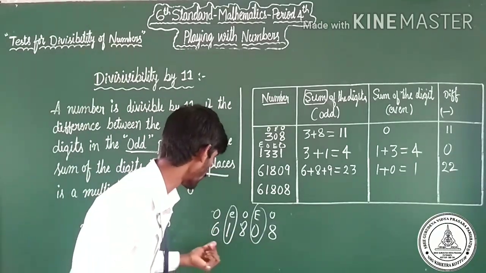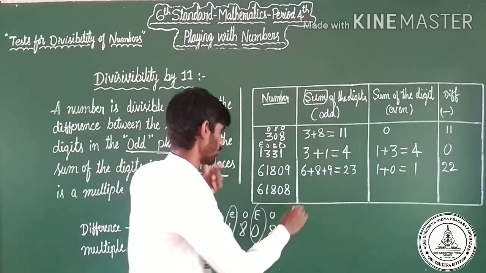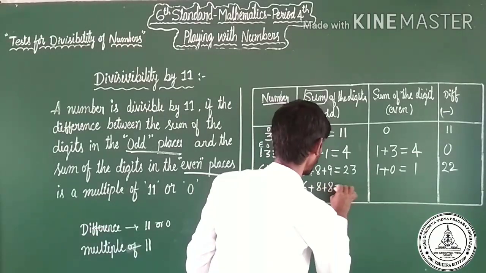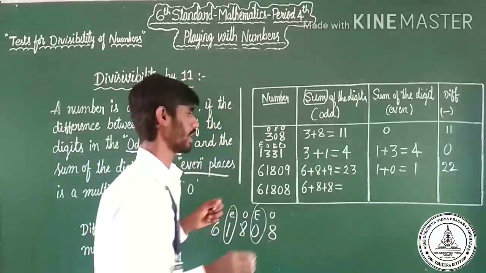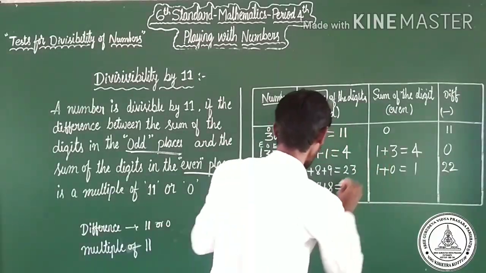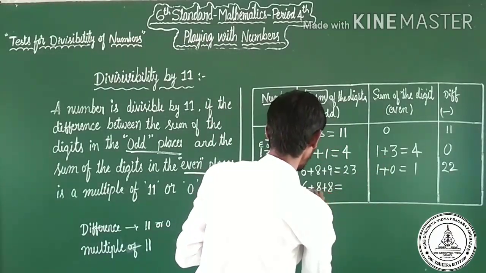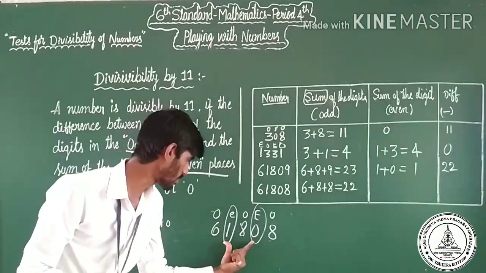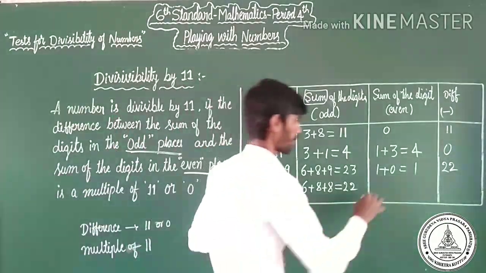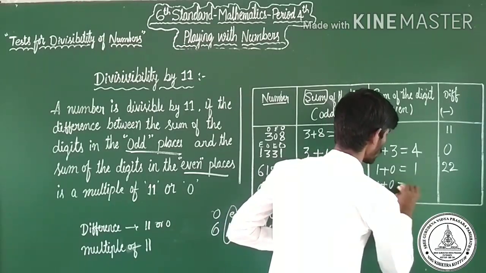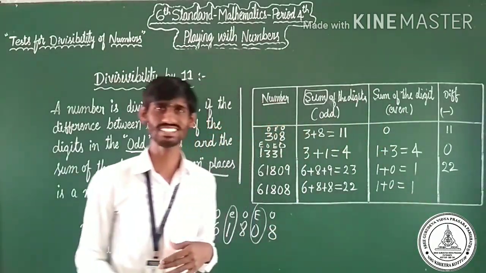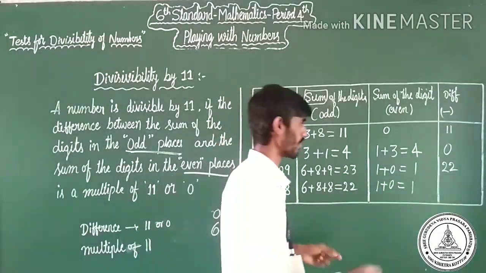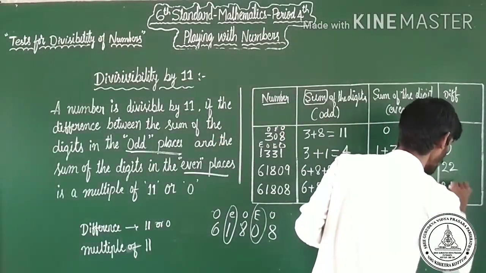Which are the odd places? 6, 8, 8. 6 plus 8 plus 8 is equal to 16, 20, 22. Here it is 22. Next, the even places are 1 plus 0, which is equal to 1. Next step is to find the difference. 22 minus 1 is equal to 21.